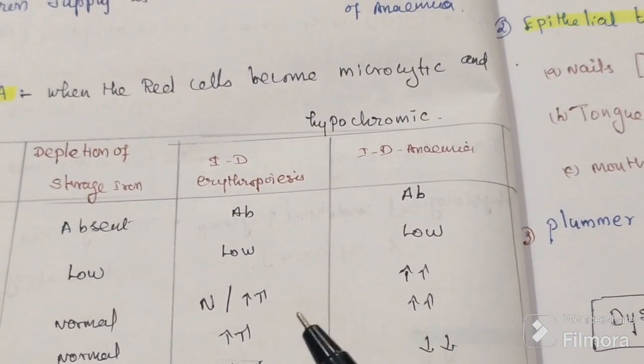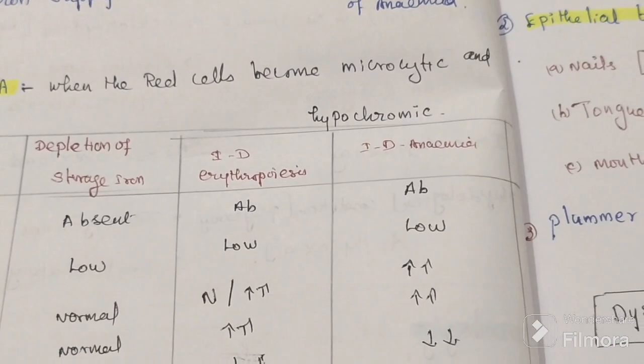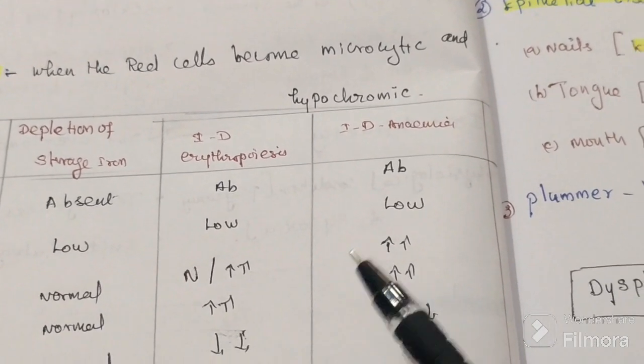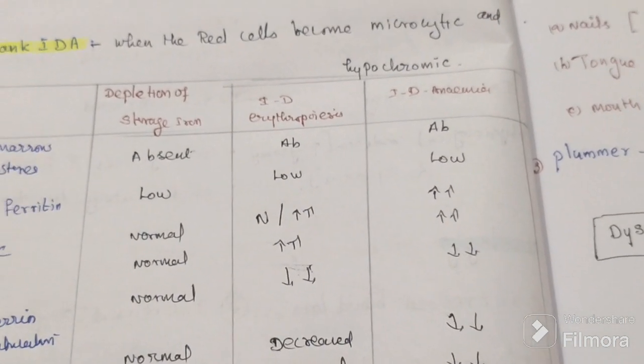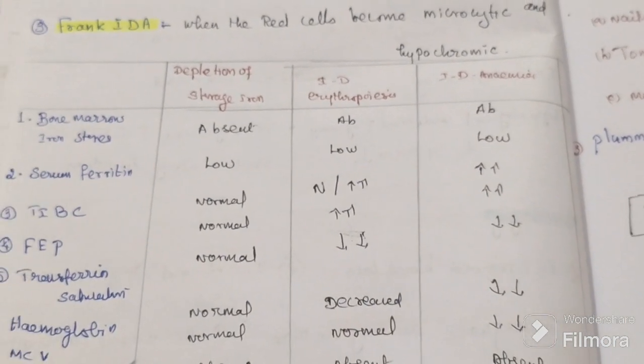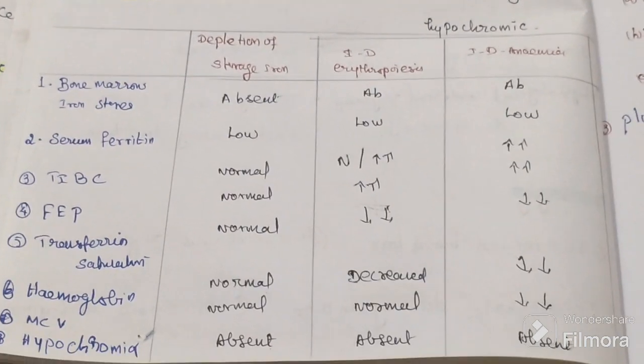Third one is frank iron deficiency anemia. All the symptoms will come. So these are the three stages of iron deficiency anemia.